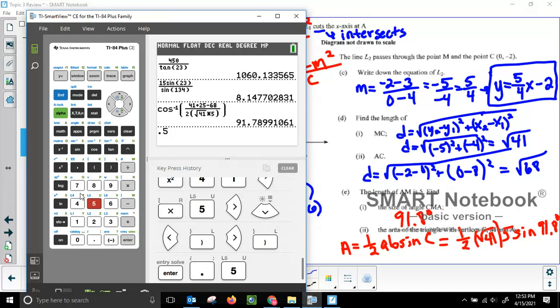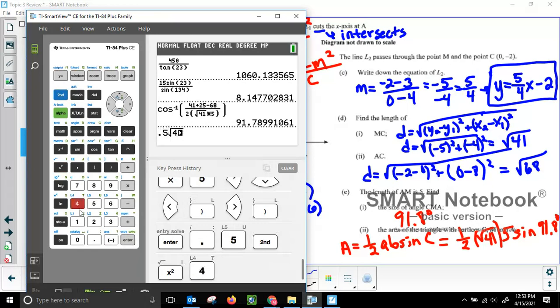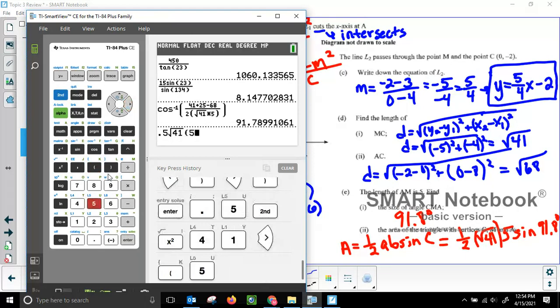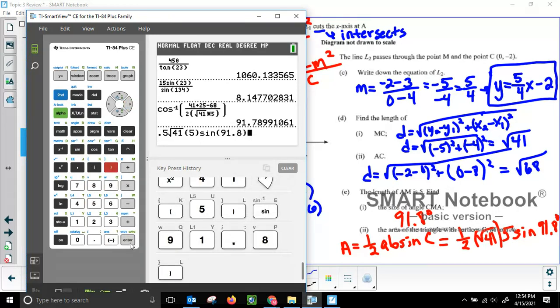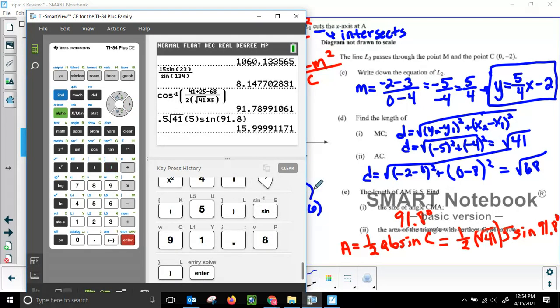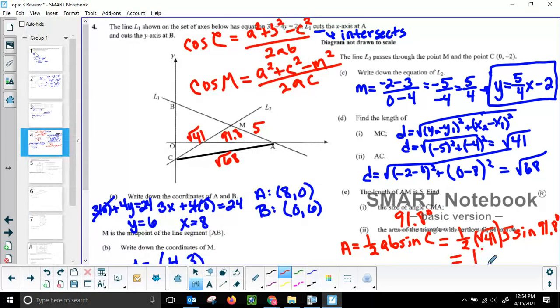So 0.5 times the square root of 41 times 5 times the sine of 91.8. 15.9999. All right, so to 3 sig figs, 16.0. And you do actually need to put that 0.0 to make it 3 sig figs.